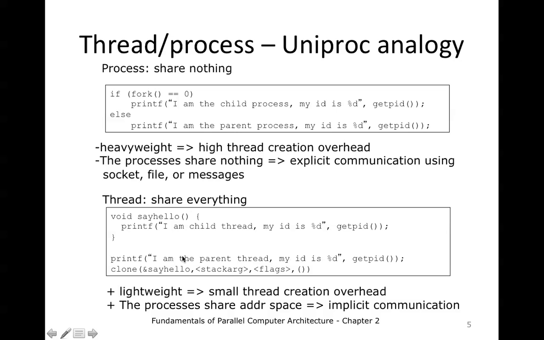Here in the slide I show you an example of how to spawn a process. The system call used for that is fork. If fork returns 0, then the code branches to the child process, else it will be the parent process.